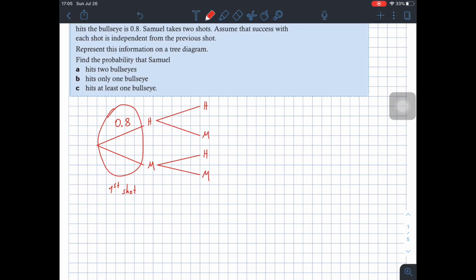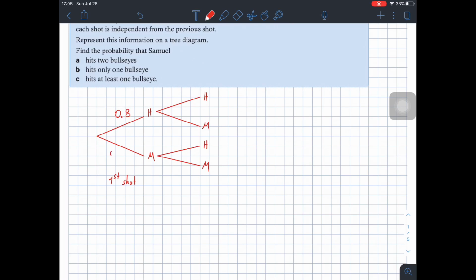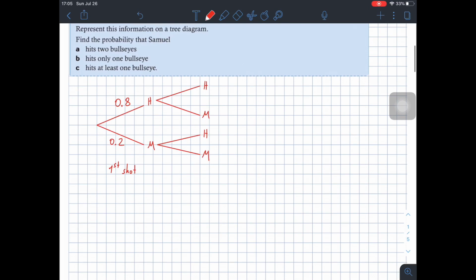Because we're contemplating all of the different possible events in the universe, right? So the sum of the branches is always equal to 100% or equal to 1, which represents 100%. That means that the probability of missing should be equal to 0.2, right? 0.8 plus 0.2 is equal to 1. Okay, so I forgot to write here, this is the second shot.